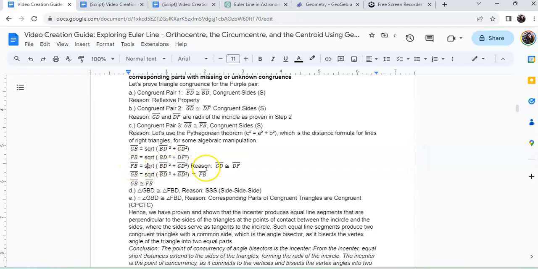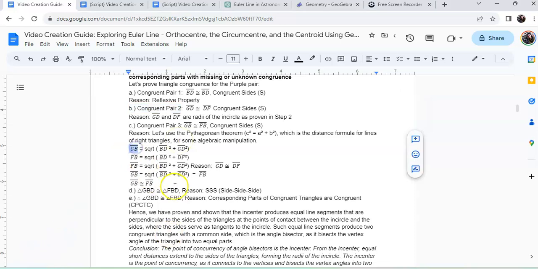Then we can do substitution. We're going to substitute DF with GD, because we know that GD and DF are equal based on the congruent pair.